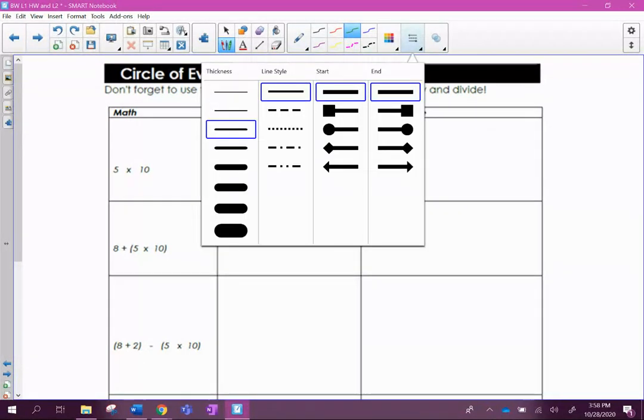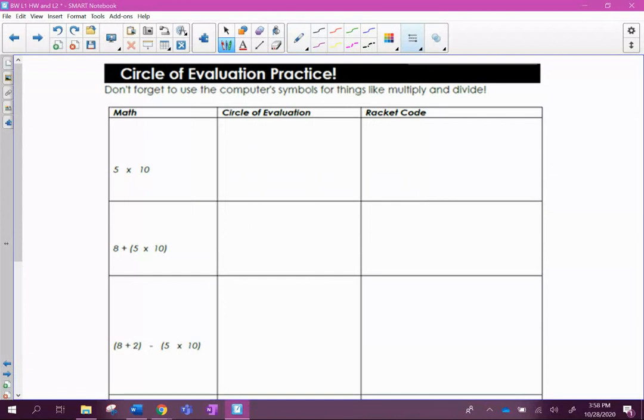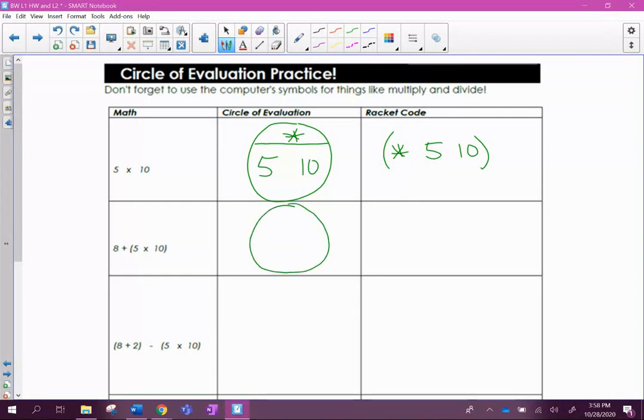All right. For our first question, my circle of evaluation, the operation is multiplication, and we're multiplying 5 and 10. So in code, that's going to be parenthesis, multiply 5 and 10. Second question, my circle of evaluation, the overall operation is addition, and we're adding 8 plus that second set of parentheses.